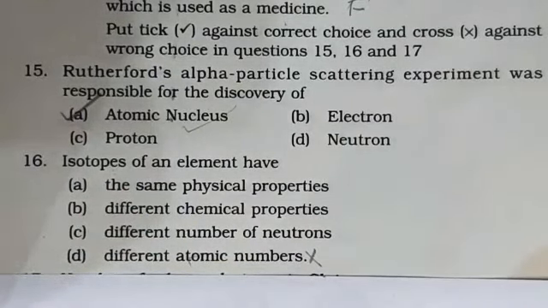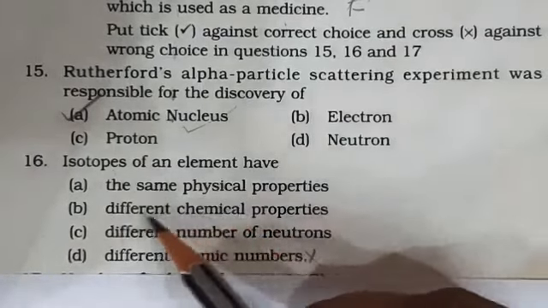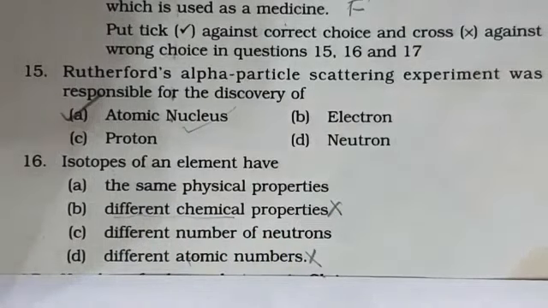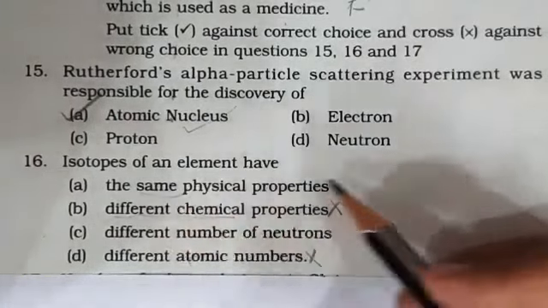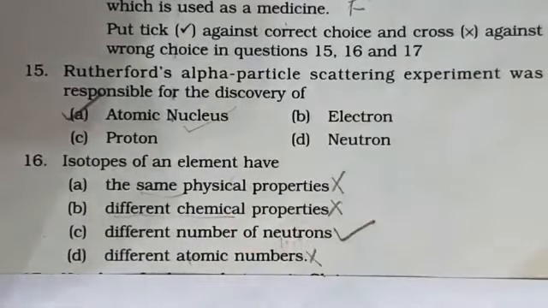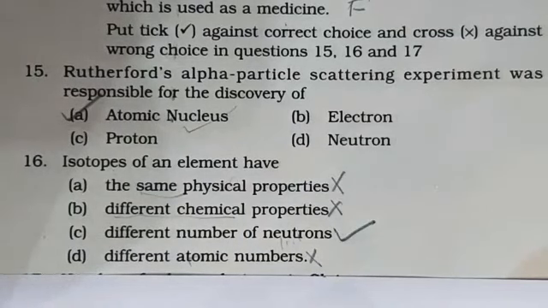Okay, they have the same chemical properties. This is different, wrong. But different physical properties. So it is written same, this is wrong. So the answer is C. They have different numbers of neutrons, because the mass number is different, so the neutrons are different.